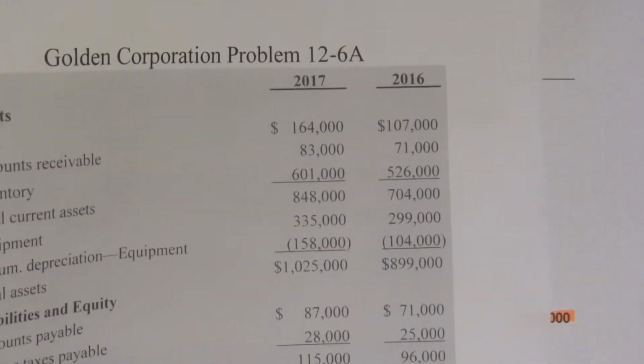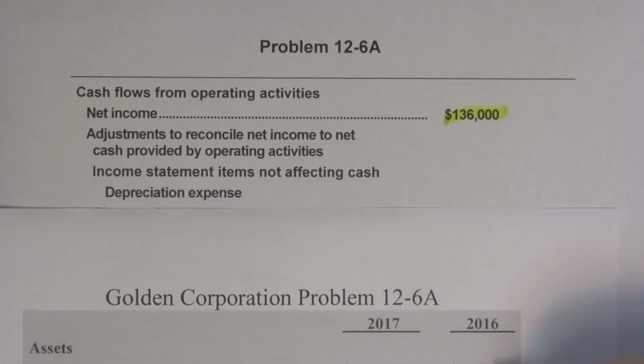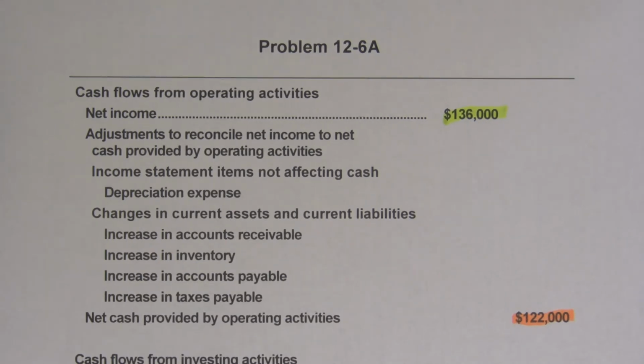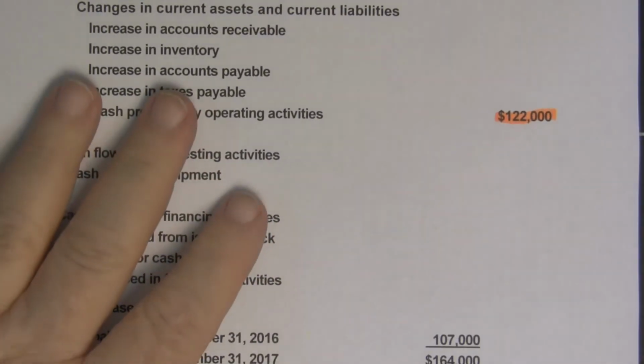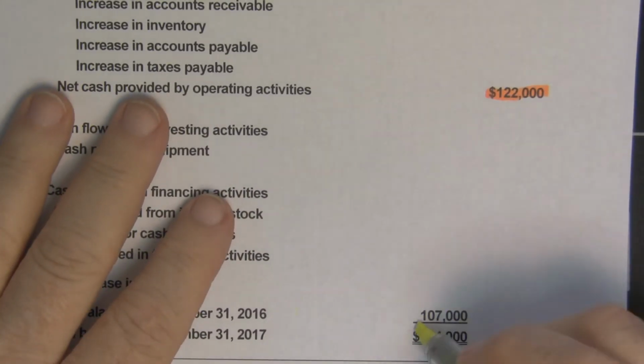Then the cash numbers from the balance sheet, 107 and 164. 107 is our beginning cash, 164 is our ending cash. Put that up where you can see it so you know where they came from.